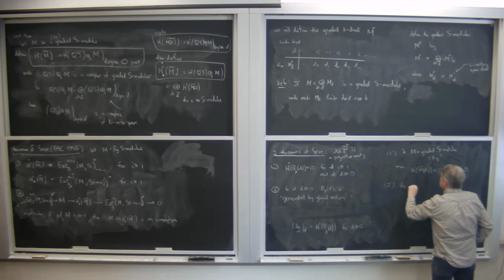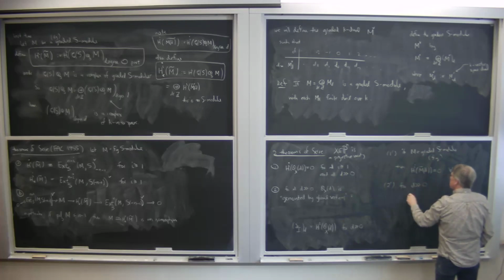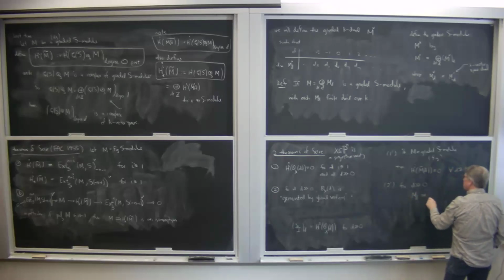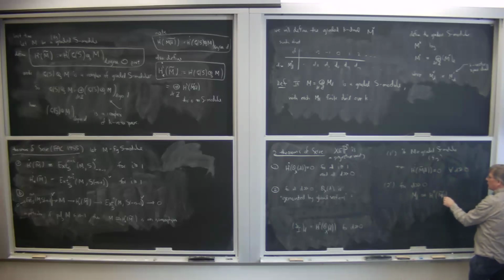For D sufficiently large, M sub D is isomorphic as K vector spaces to H0 of M tilde sub D. It doesn't matter where the tilde is, before or after, it's by definition anyway.